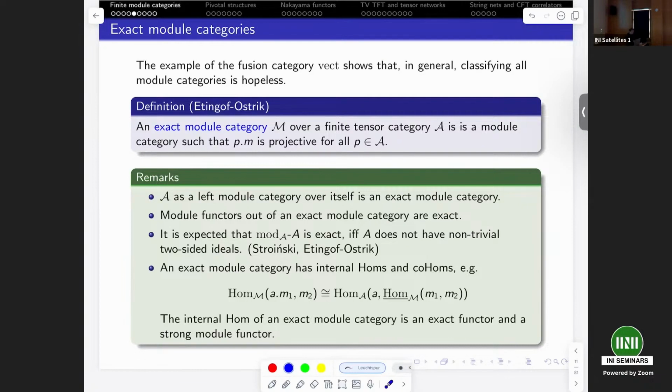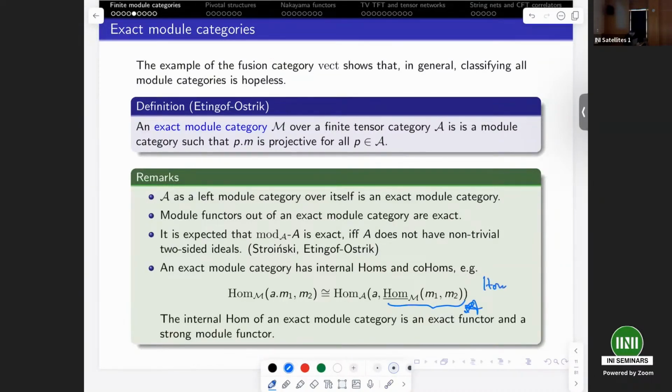And yeah, the next thing I should point out is that for exact module categories, you can define internal Homs and coHoms. So the internal Hom is defined by considering this and looking for, again, an adjoint. And you see that here in this situation, let me just note this here on the transparency, the internal Hom is an object in the monoidal category.